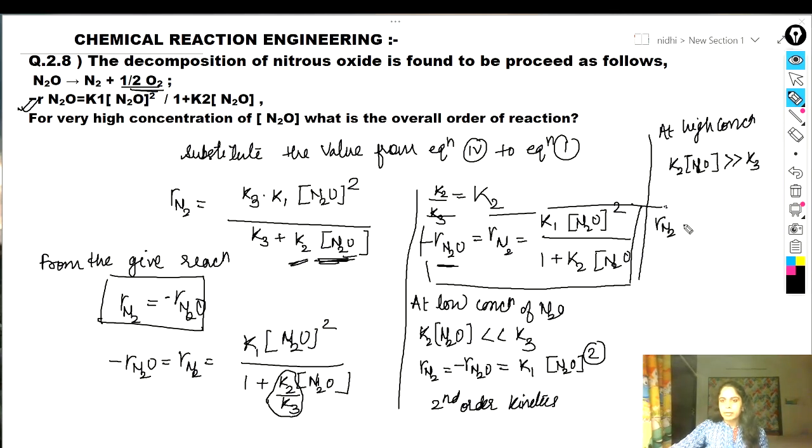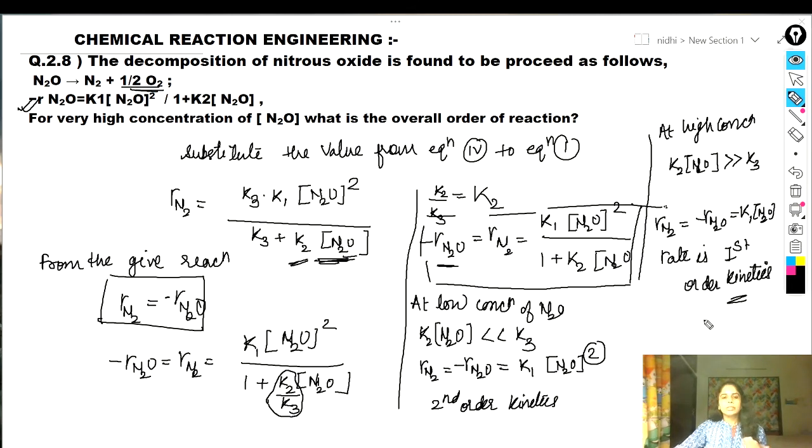Rate, minus Rn2O will be equal to K1 N2O, and for this the rate is first order with respect to N2O. So here the rate follows first order kinetics. So this is how you can solve these kind of questions. Thank you.